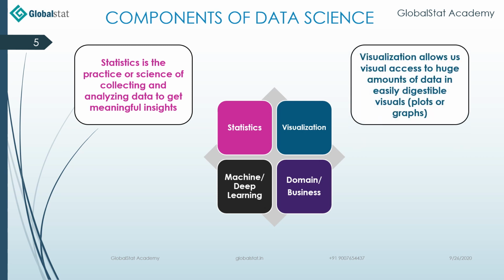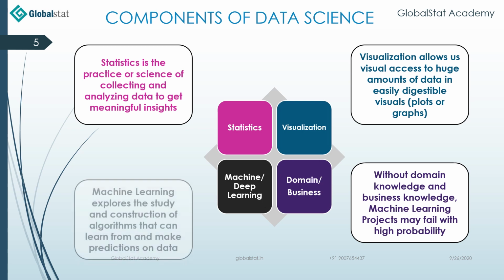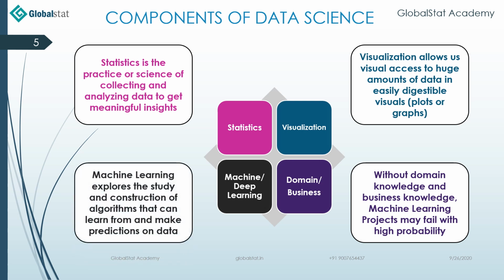Visualization allows us visual access to huge amounts of data in easily digestible visuals, whether in plots or graphs. Third, without domain knowledge and business knowledge, machine learning projects may fail with high probability. Lastly, machine learning explores the study and construction of algorithms that can learn from and make predictions on data.